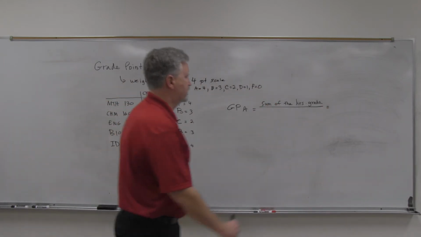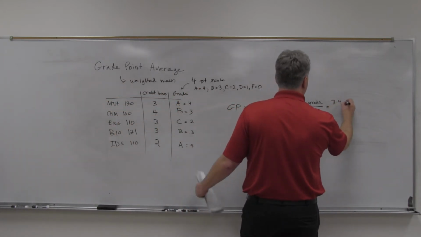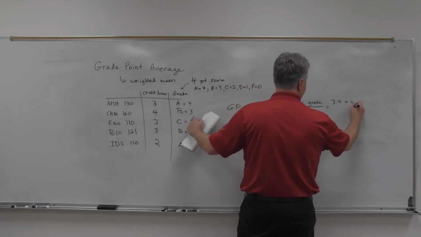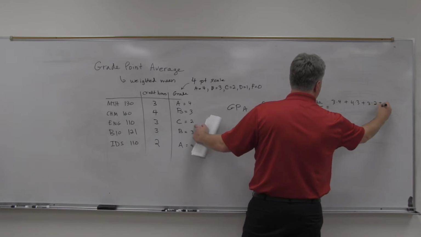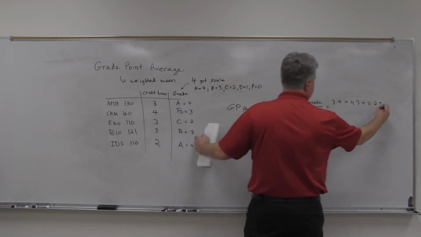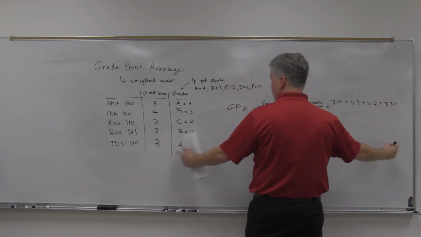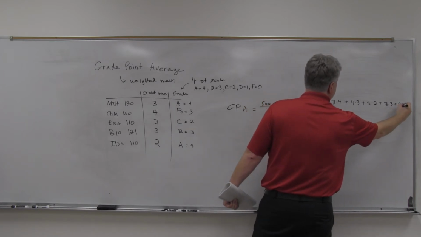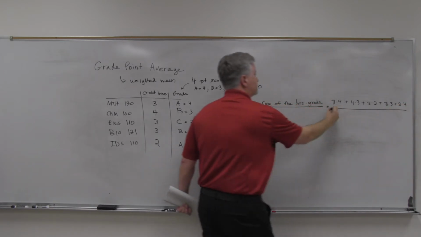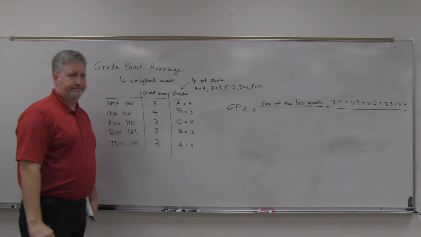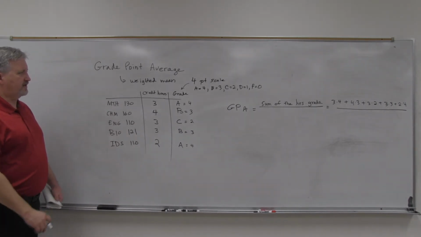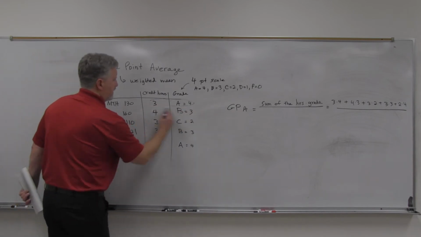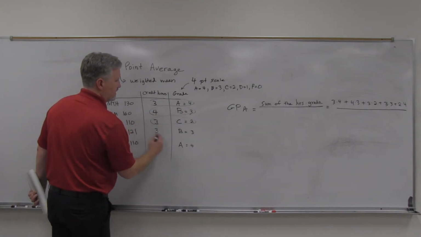So it'll be 3 times 4, 4 times 3, 3 times 2, 3 times 3, and then 2 times 4. That'd be the top, just like we did with the frequency distribution to calculate the mean there. You just multiply across, and then add those together.